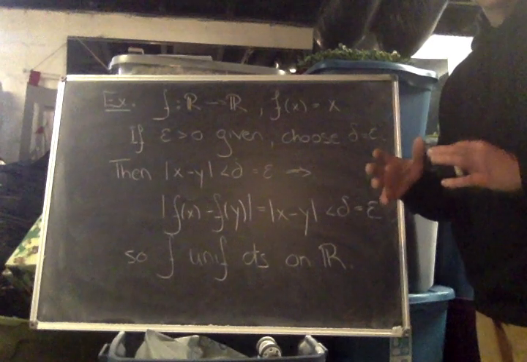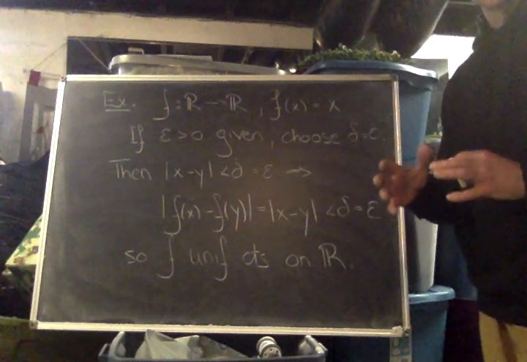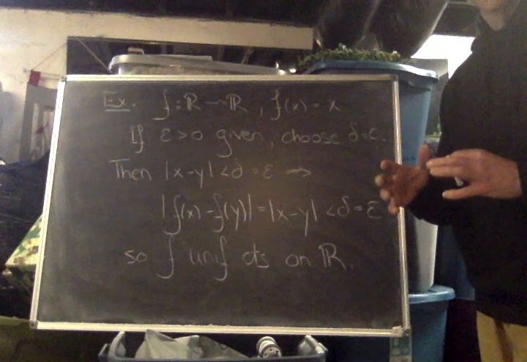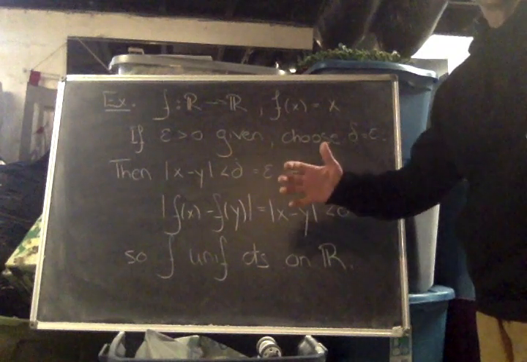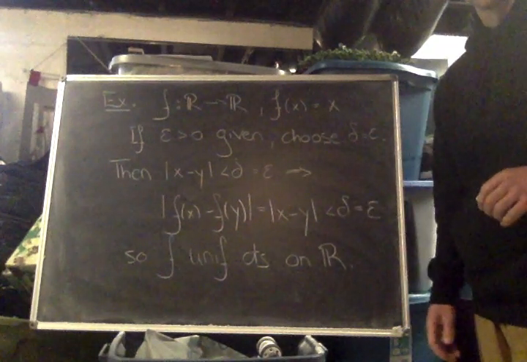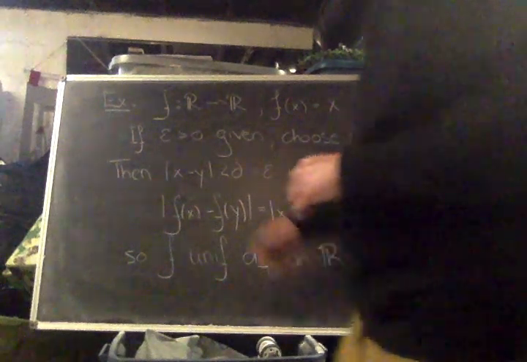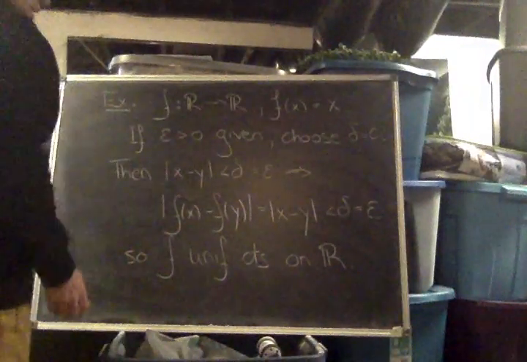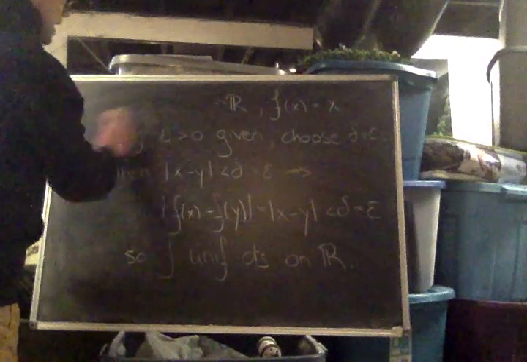The opposite we shall see is not true. Uniformly continuous on some smaller set does not necessarily mean the function will continue to be uniformly continuous on a larger set. So let me just make a note of that.